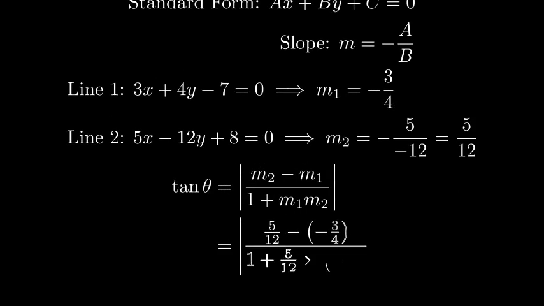Now we apply our formula. Tan theta equals absolute value of (5/12 minus negative 3/4) divided by (1 plus 5/12 times negative 3/4).